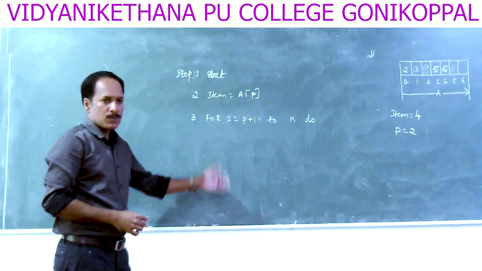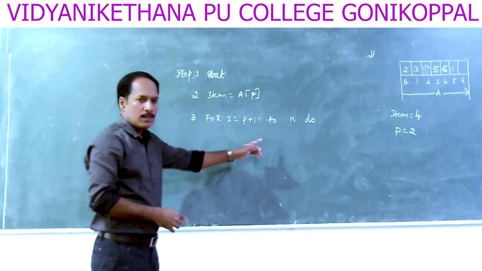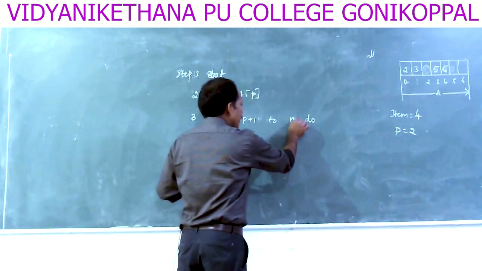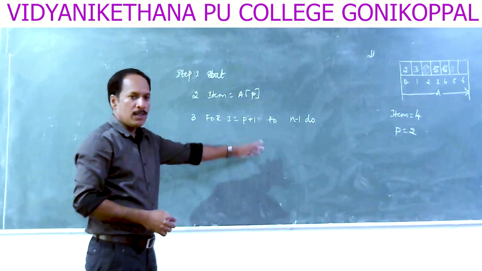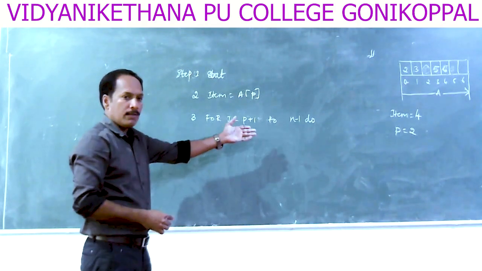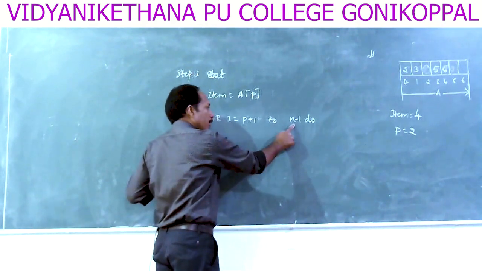Starting from P plus 1 to the last element, we repeat these steps. You can take N minus 1 if you consider equal; if it is less than, then N is enough. But we are considering equal in the algorithm, so let me take N minus 1, starting from P plus 1 to N minus 1.